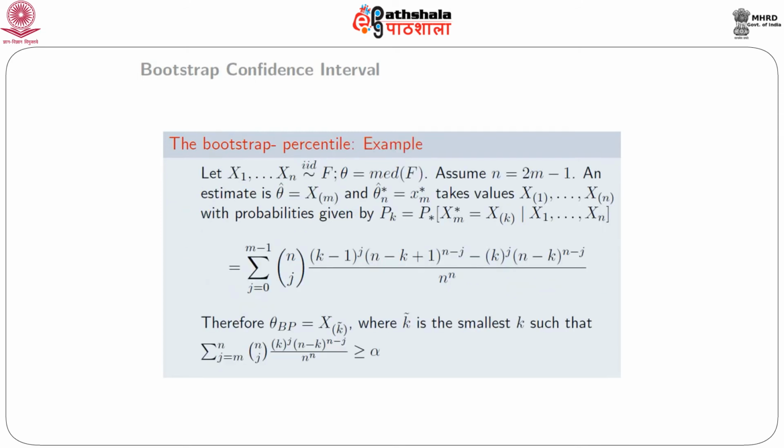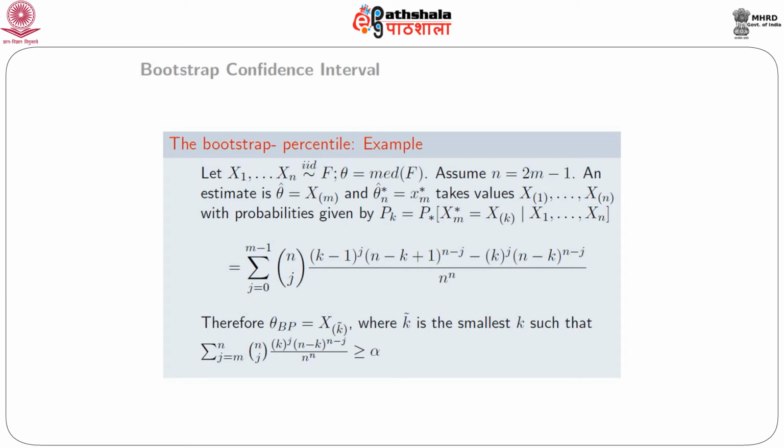Let us take an example. Suppose X1 to Xn follow IID F and theta is equal to the median of F. Let theta n hat be X(m), the middlemost order statistic, and theta n hat star be X(m) star, which takes the values X1 to Xn with probabilities given by P star.